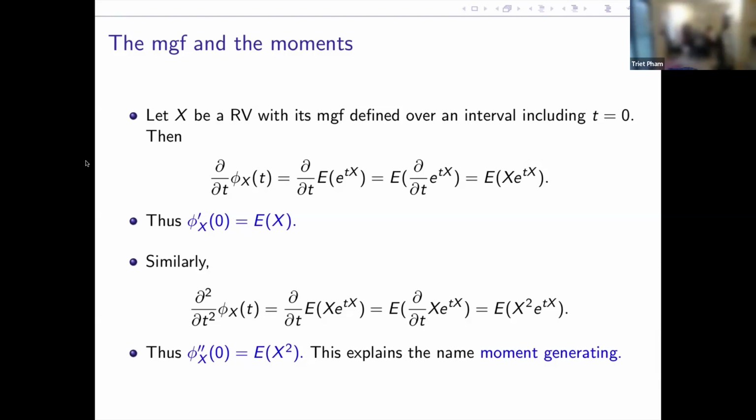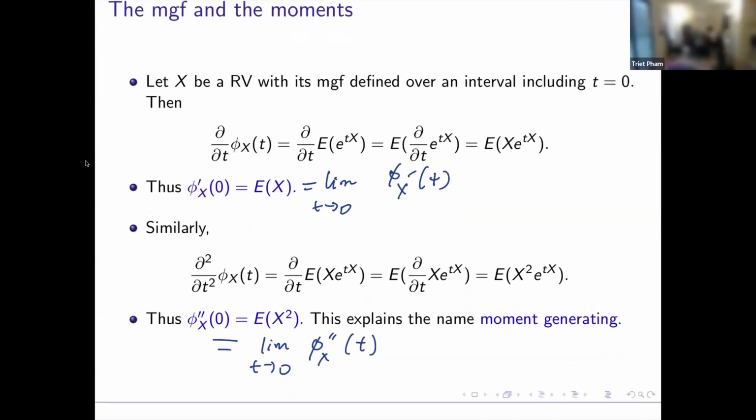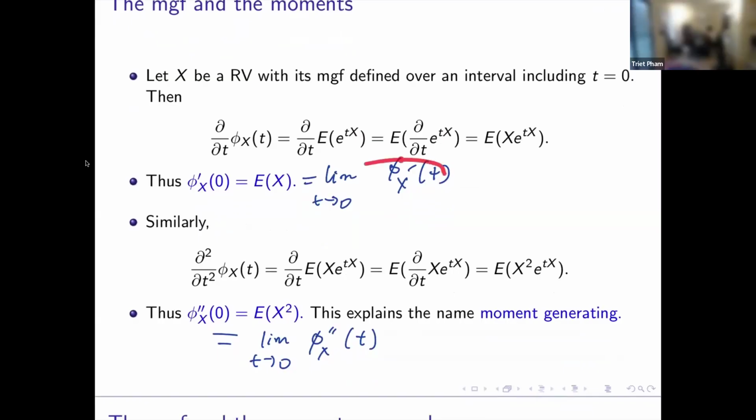And that explains the name of the moment-generating function. If you differentiate the moment-generating function and plug in 0, you get that moment according to the order of your derivative. Now, there's just one caveat. We plug in 0 here as an easy explanation, but in reality, you may have to take a limit, because the moment-generating function or the derivative may not be defined at the point.